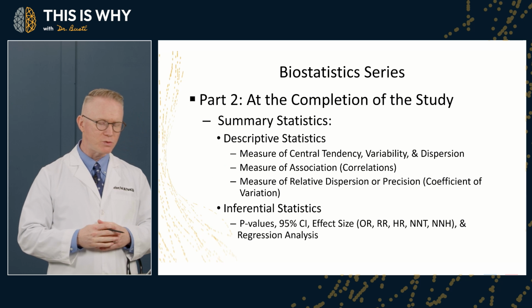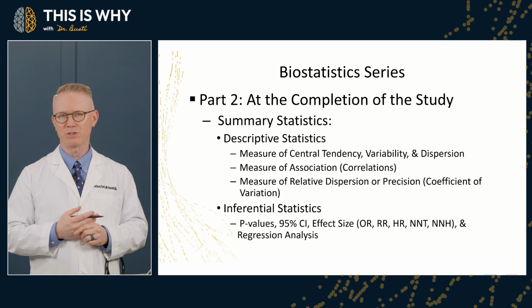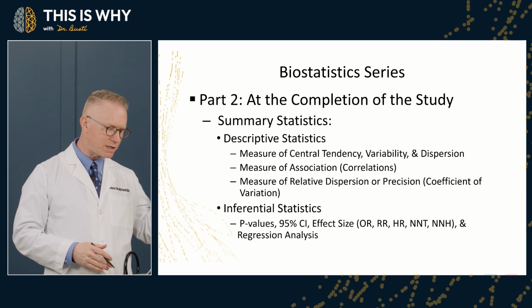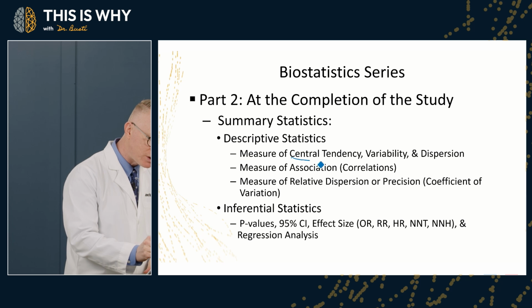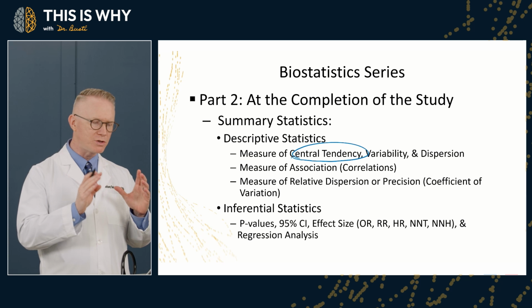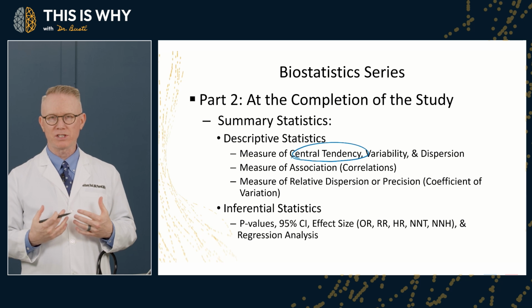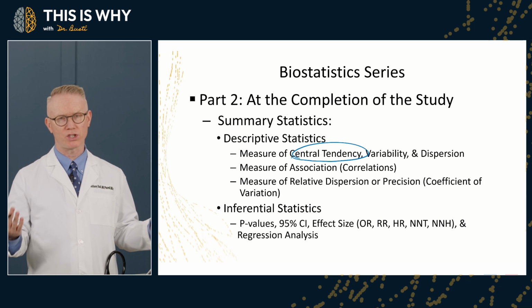The other components really are at the completion of the study, where most people are thinking about biostatistics. That's our summary statistics, where we do descriptive statistics and our inferential statistics. But our measures of central tendency and variability become very important to understanding whether our data from the samples that we are assessing are following a normal distribution or are skewed.